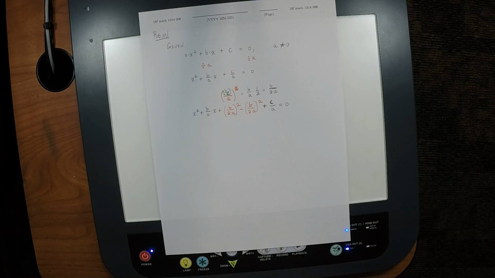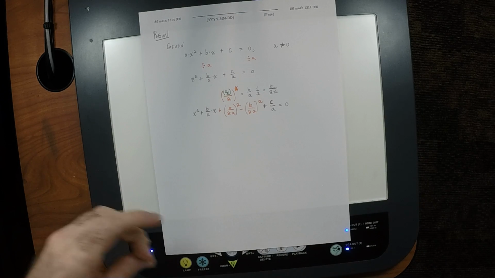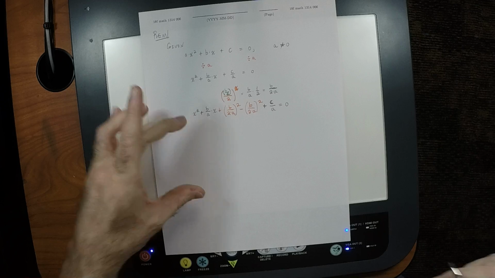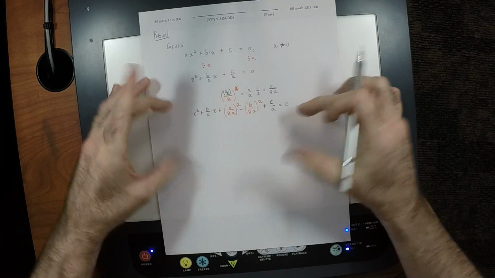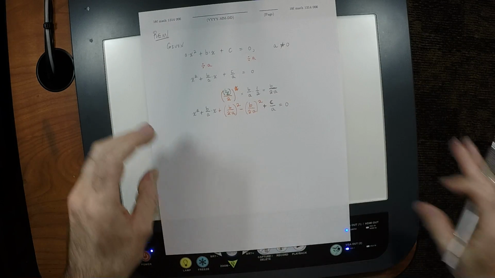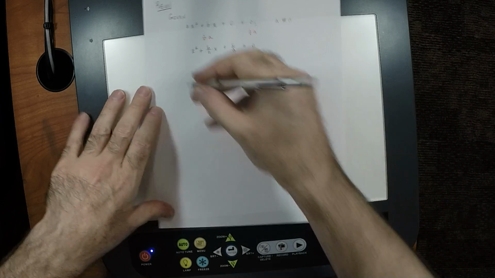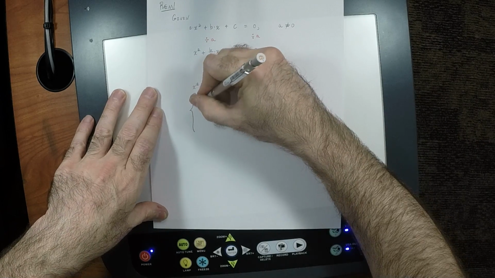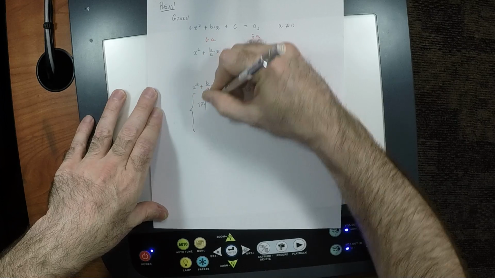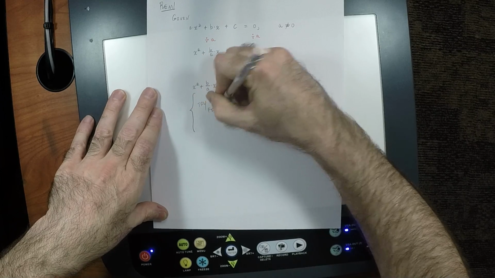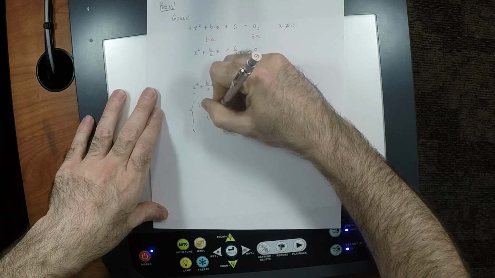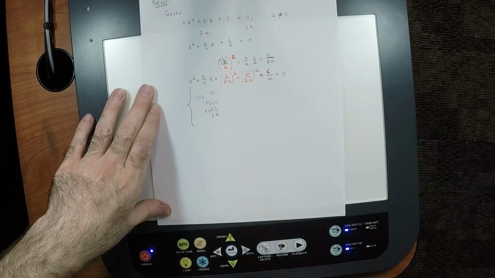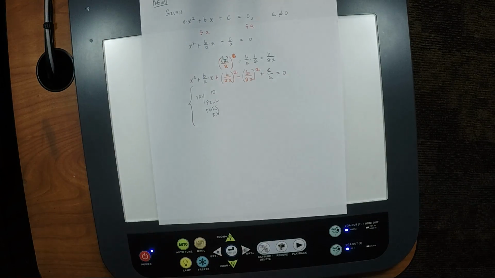Now, in the interest of time, I'm going to omit a bunch of stuff, and it won't be tested. You'll have to know the end result, but you should try and fill this in.